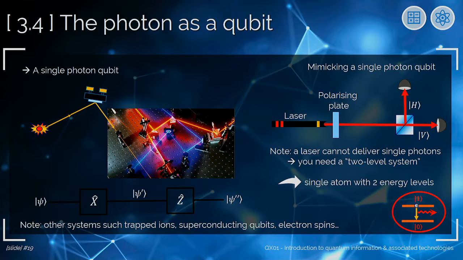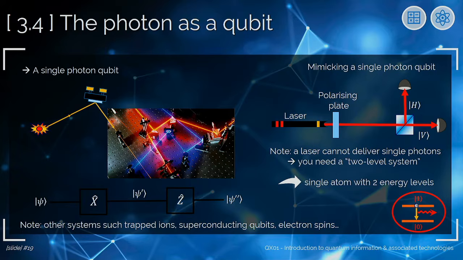For that, we need what we call in atomic physics, or in physics in general, a two-level system. A good example is, for instance, if I were to isolate a single atom, and if I can isolate two particular energy levels of this atom, then this can be a single photon source.